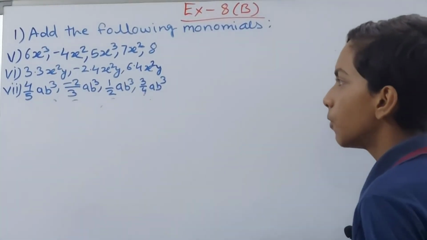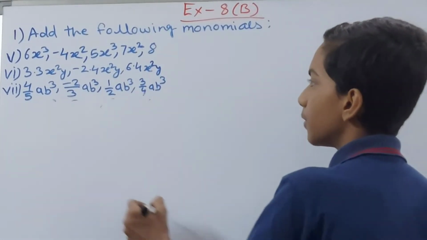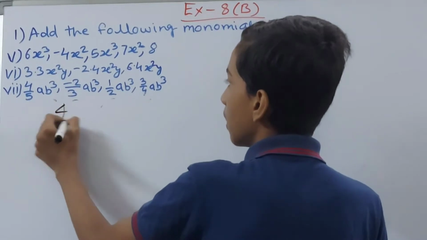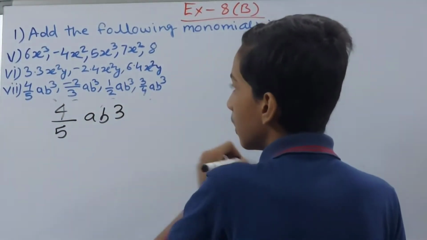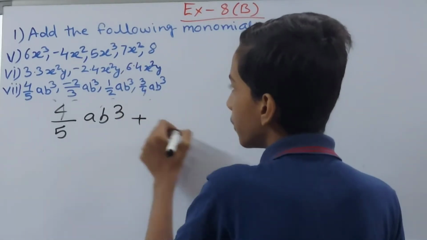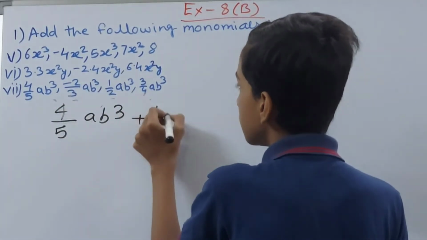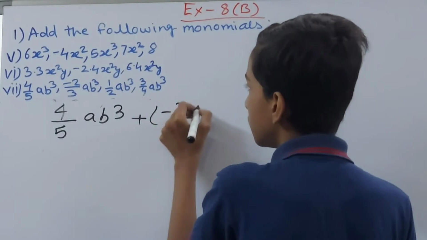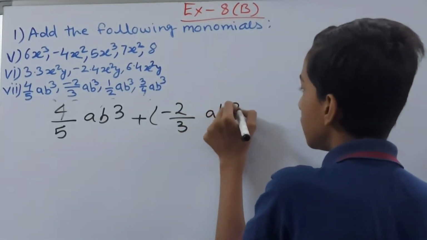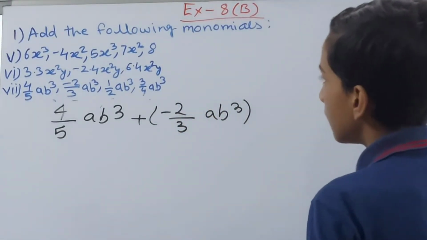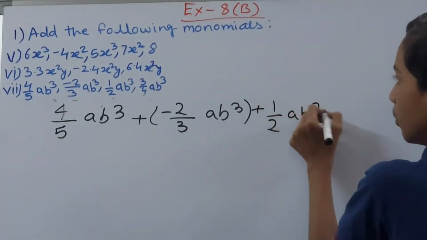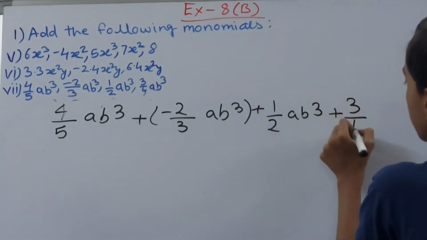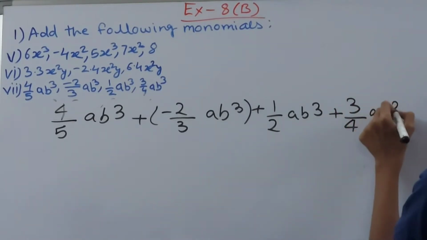On to the next one. This is 4 upon 5 ab cube. Let's keep on writing this down. 4 upon 5 ab cube, plus what do we have? Minus 2 upon 3 ab cube, and then plus 1 upon 2 ab cube plus 3 upon 4 ab cube.